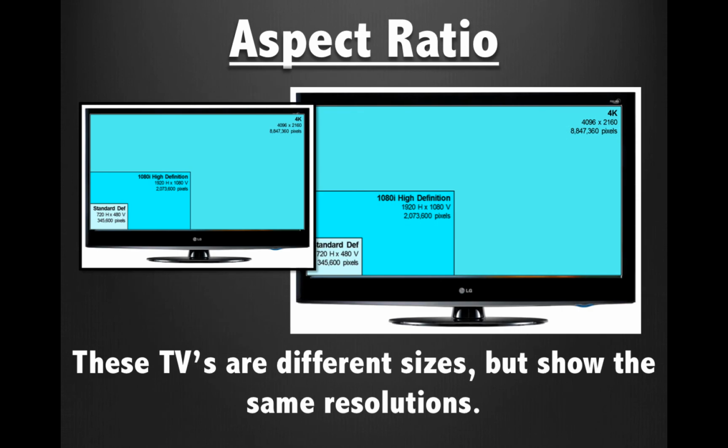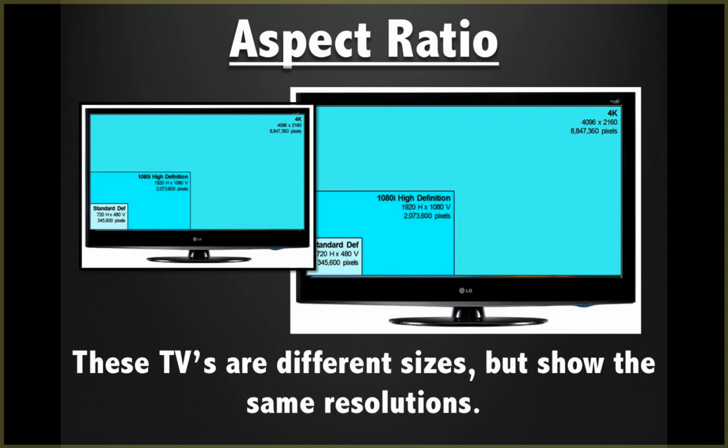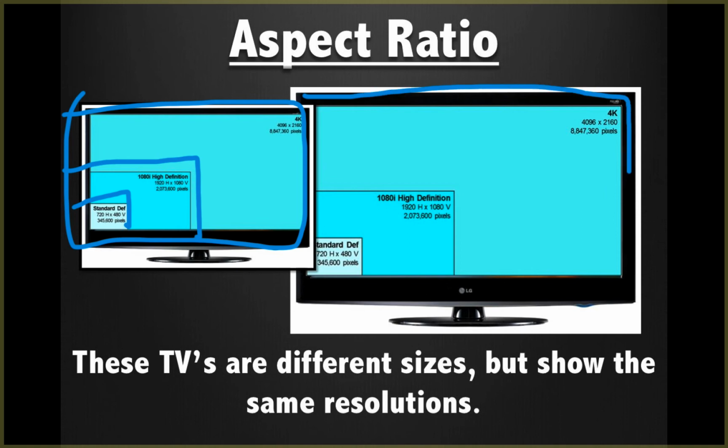When you're talking aspect ratios, though, you're not talking about resolution. So if you're looking at a standard definition or a high definition or a 4K image on a 19-inch monitor, you are getting the exact same aspect ratio and resolution as you would on a 42-inch monitor.